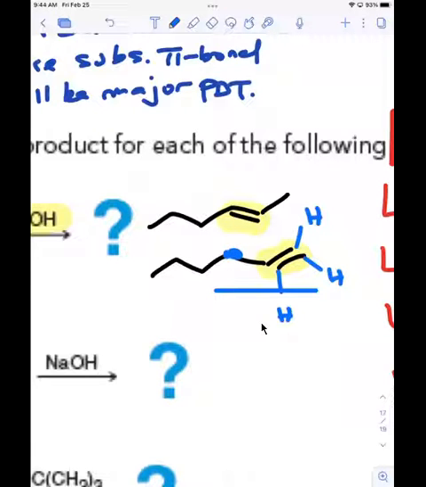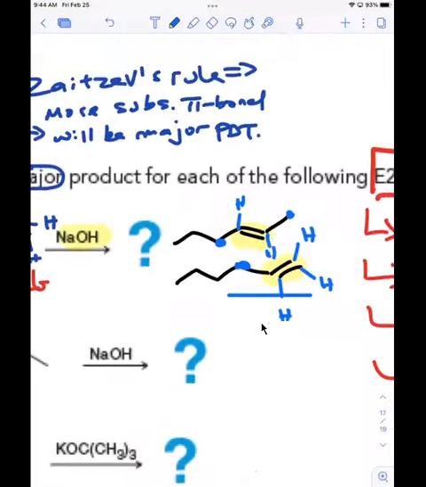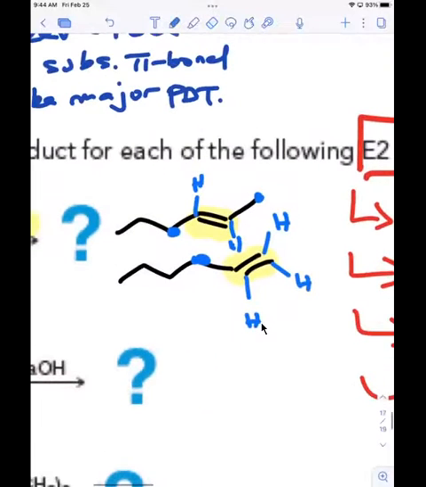The one up top has 2 hydrogens and 2 carbons. So it's actually the top one that's the most substituted. The one at the bottom, the terminal alkene, is the least substituted, because the substituents we're talking about are carbons. Right, so this is going to be major up top.